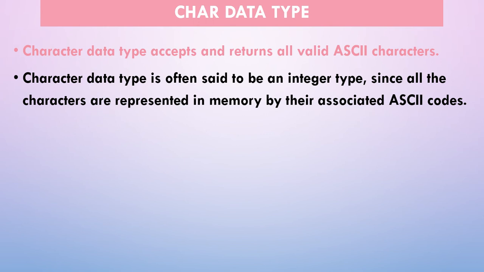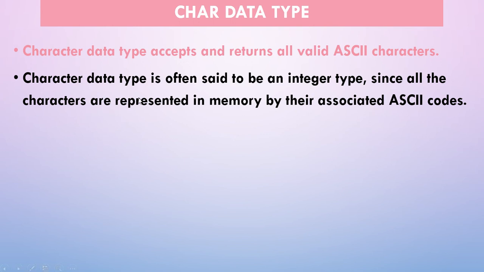So this character data type can also be called an integer type, because in a character type we can store a character, and the character represents only the integer type, because in memory each character is stored as an integer. That integer will be converted into a binary value.